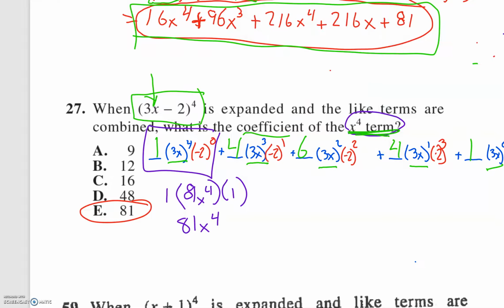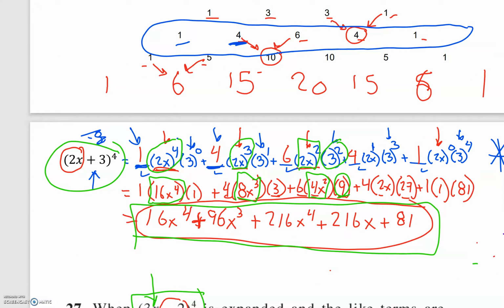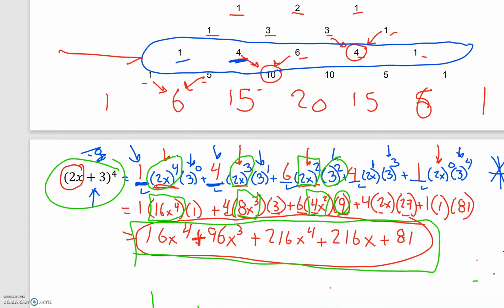My second term is a -2. So -2 to the 0, -2 to the 1st, -2 to the 2nd, -2 to the 3rd, -2 to the 4th. And again, I've got 5 blanks to fill in, so I use the 1, 4, 6, 4, 1 to fill them in. And again, that comes right from Pascal's triangle.